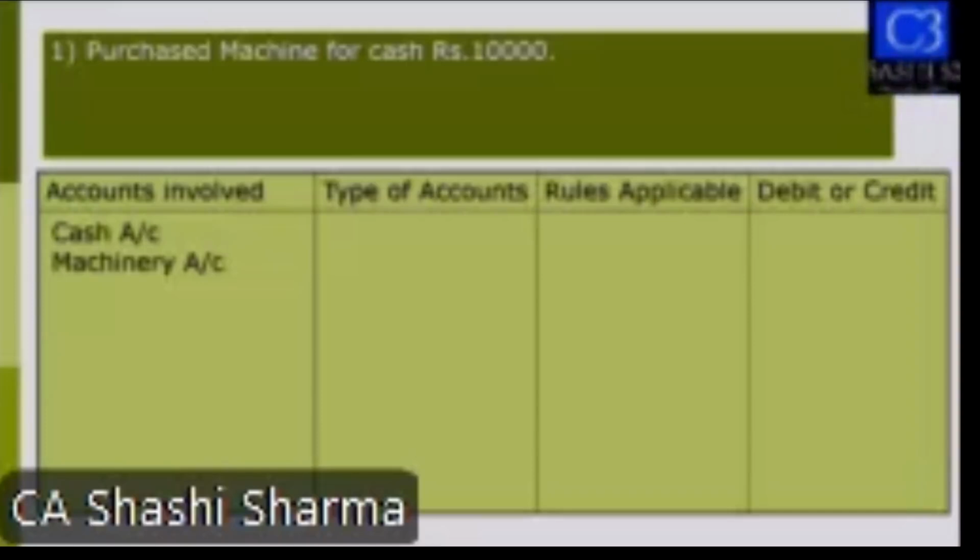Very good. Both the names are actually real account. So we will write the category here. Cash is a real account, and machinery is also a real account.